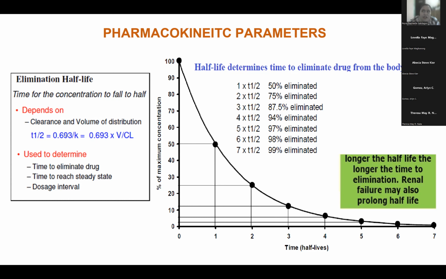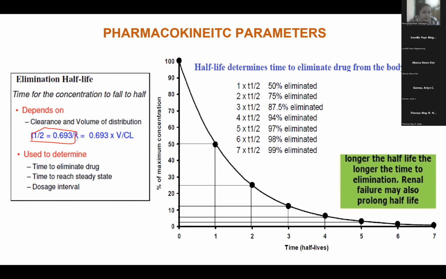Okay, so what are the other parameters that we need to consider for us to know the half-life of the drug? We have to know the K. K is of course the elimination rate constant. So this is what Sir presented a while ago. We have here T1/2 is equal to 0.693 over K. You can use that in the computation if the K is known or the elimination rate constant is known.